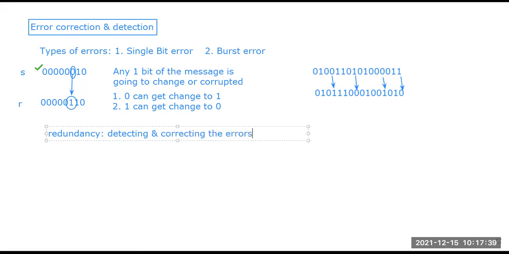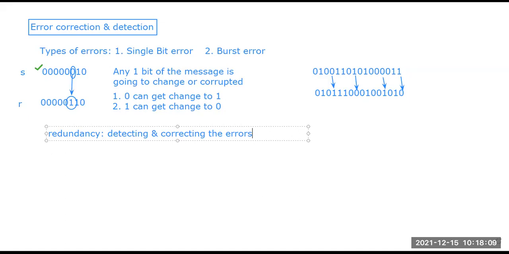In this part of redundancy, the corrupted bits get incorporated with the data. So we need to find those corrupted bits, right? Otherwise, we are not going to get the genuine, original message that was sent by the sender side.